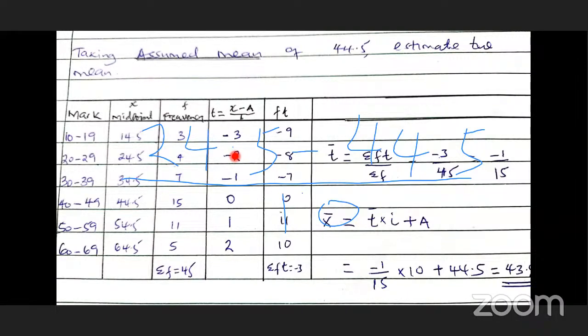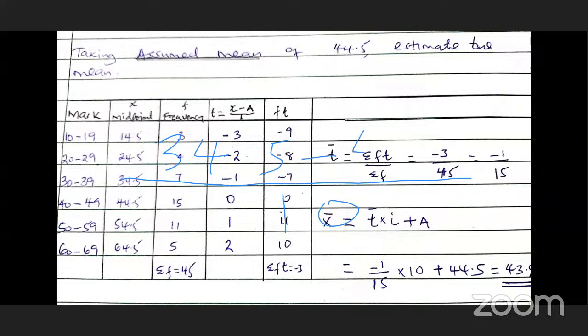Now we go to the third row, the row running from 30 to 39. Maybe we should first of all erase this. The row from 30 to 39. Our X, which was the midpoint, is 34.5. That is a mark that will represent the whole of that class. So it is our X in the formula of getting T. So we say 34.5. Then we minus our assumed mean.